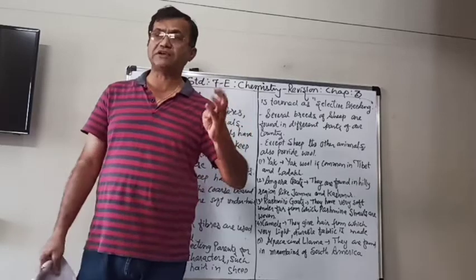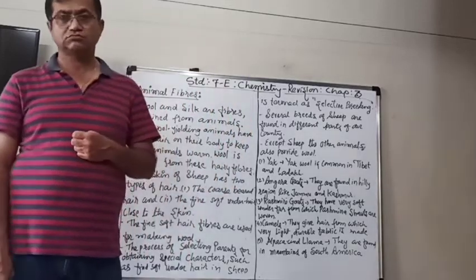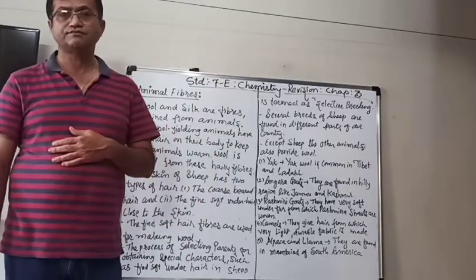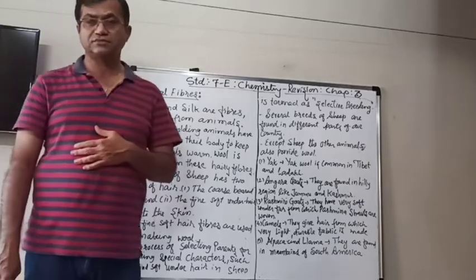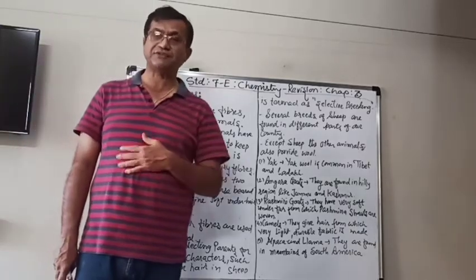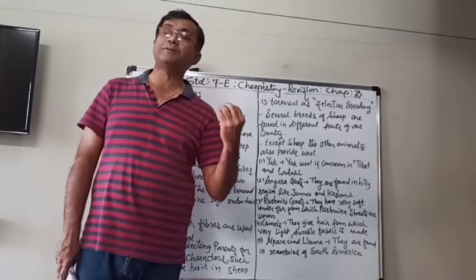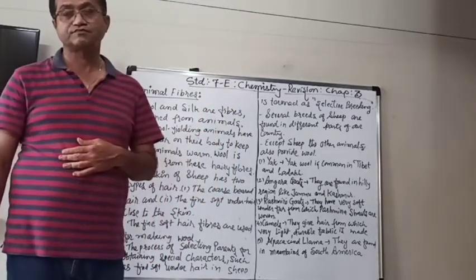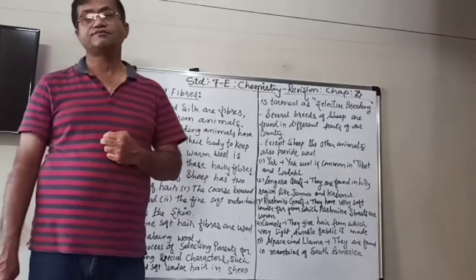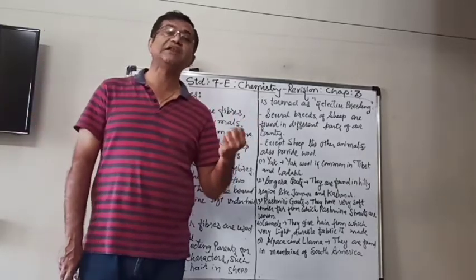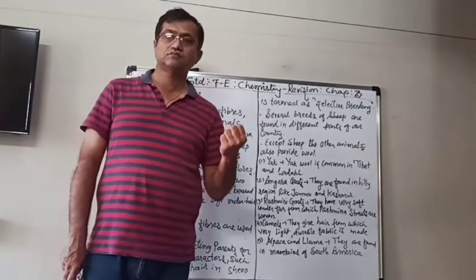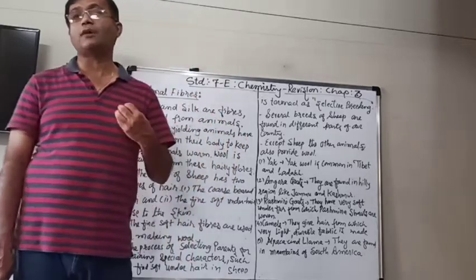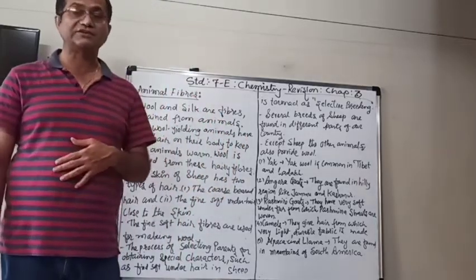We know that cotton, jute, etc. are the natural fibers that we obtain from the plant. And wool, silk, etc. we obtain from the animals.